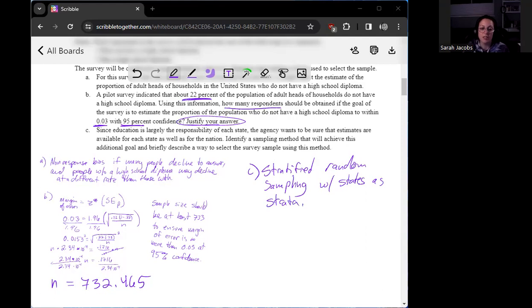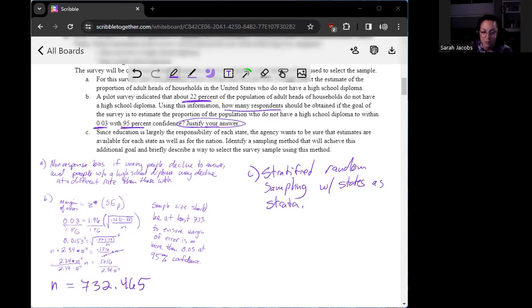Basically, this would allow you to get a reasonable survey from each state, be able to say information about the states themselves, as well as combining it for the nation as a whole. You should probably say more to part C. It's not really the focus of what we're getting at right now, so I'm going to move on.